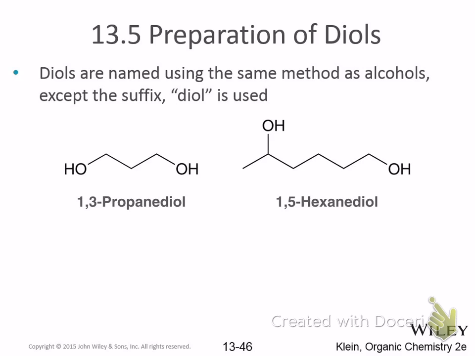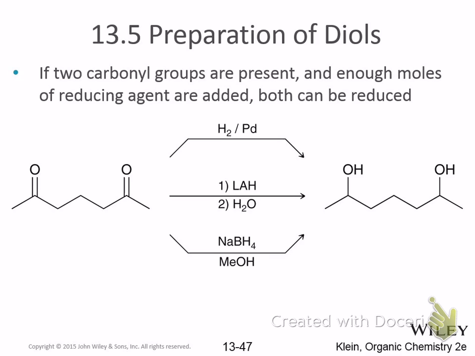But the other way is just from diketones or dialdehydes. So if you have either sodium borohydride, lithium aluminum hydride, or hydrogen, all of these will do the exact same thing, and you can form a diol. But you have to have 2 ketones. That's almost like cheating, right? You got 2 ketones.